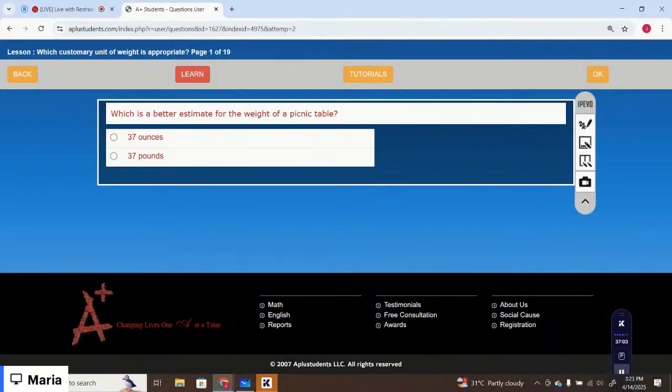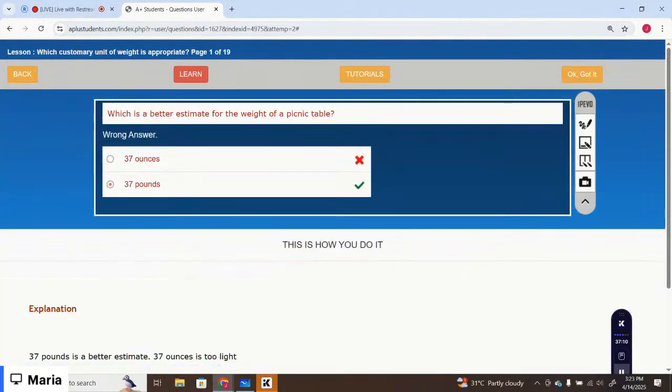The correct option is 37 pounds, because 37 ounces is too little. It is a table, so it must be 37 pounds, right?